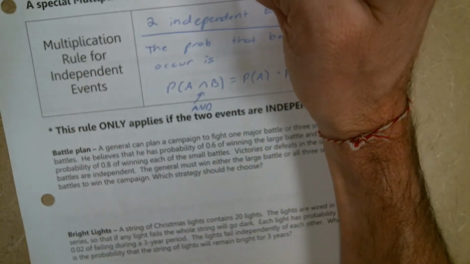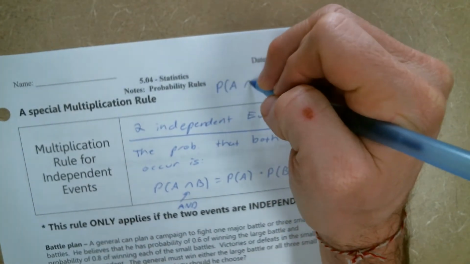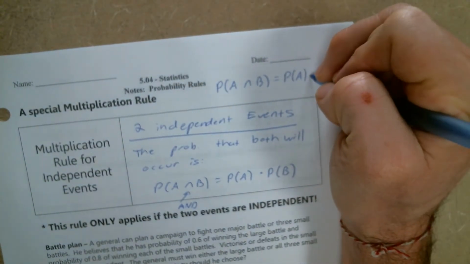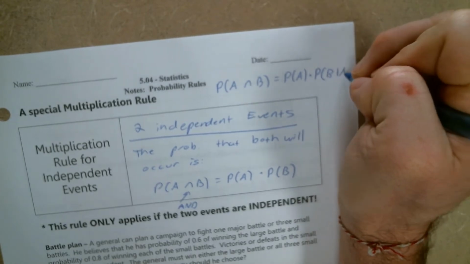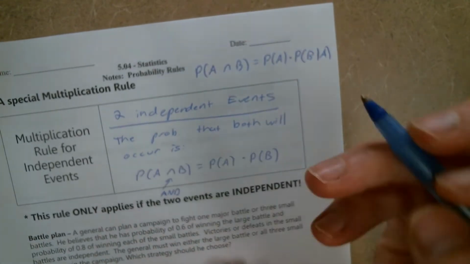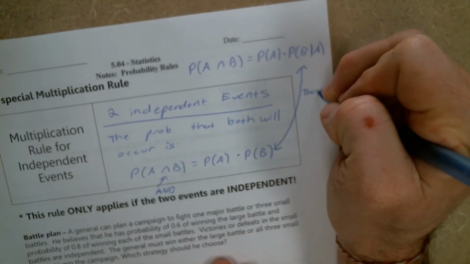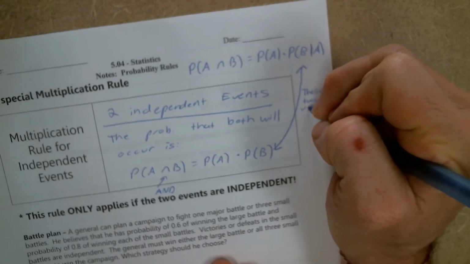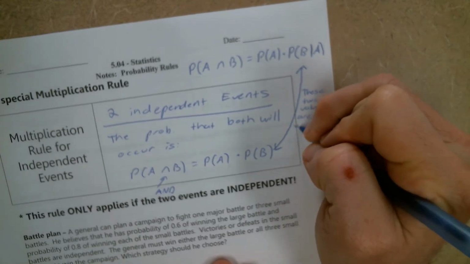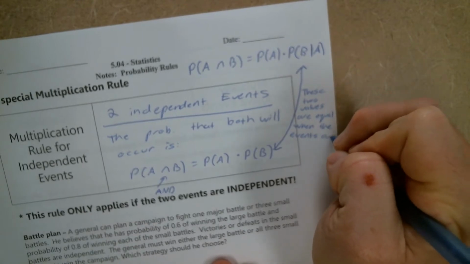Well, if we remember, on that previous sheet, we said the general rule was this: A and B equals the probability of A times the probability of B given A. Now, we talked about the definition of independent. These two values are equal when the events are independent.